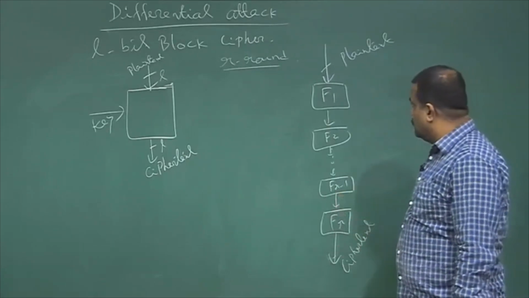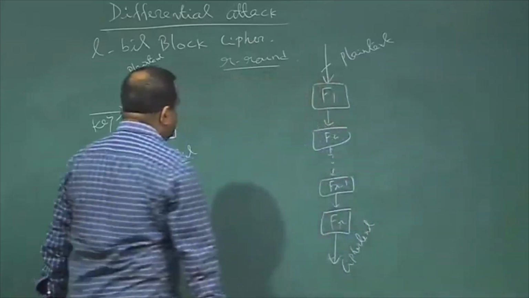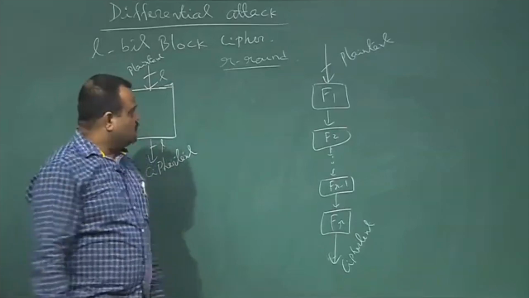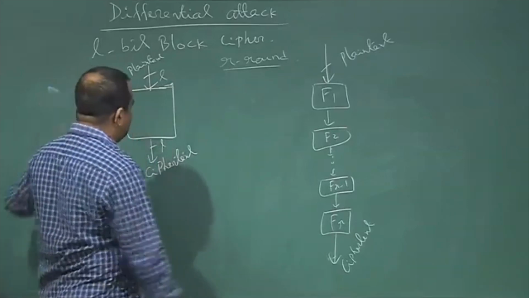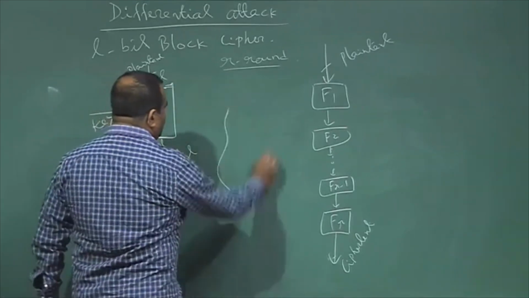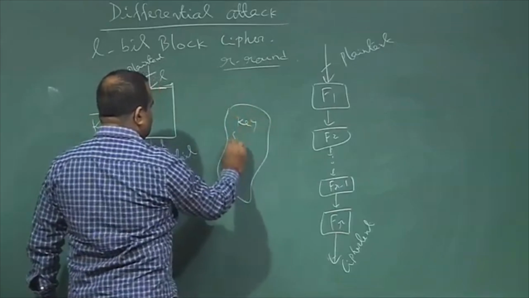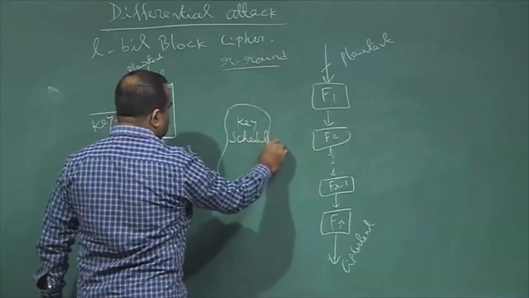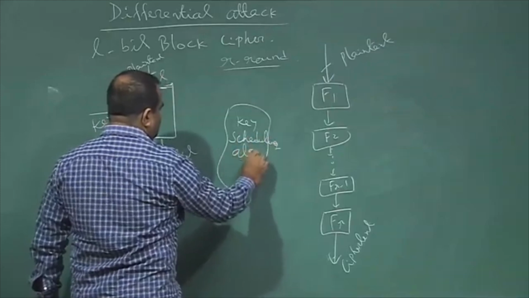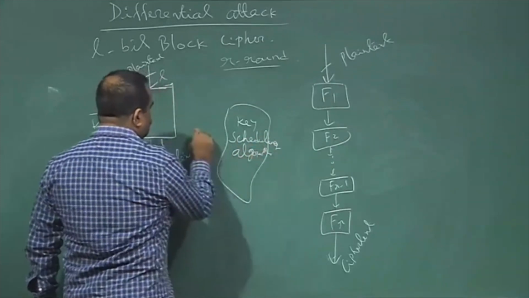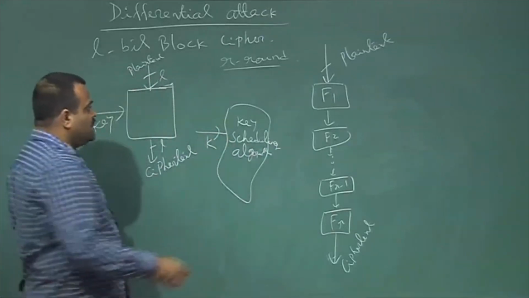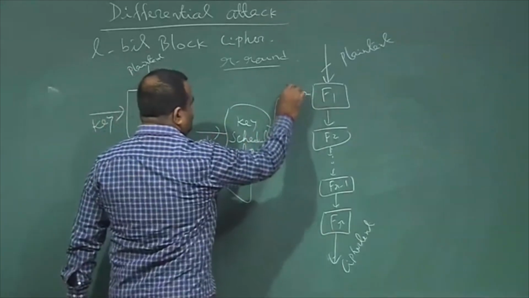This is the R-round block cipher, and for each round function we need a round key. So where can we get the round key from? Round keys come from an algorithm called the key scheduling algorithm, which is a public algorithm. It takes the secret key k, which is shared between Alice and Bob, and generates the round keys k1, and so on.